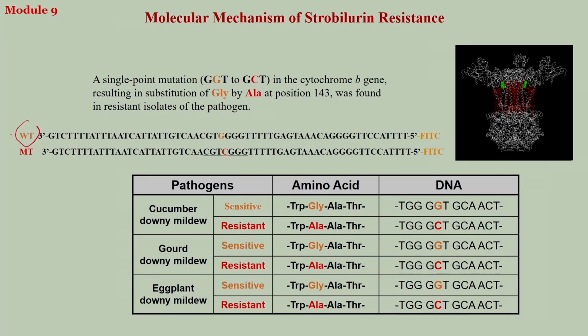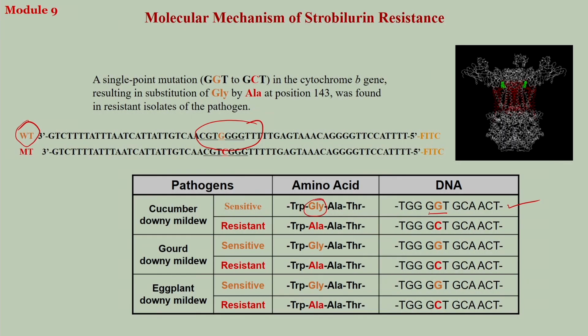So, this is the sequence of the wild type DNA that is present in the pathogen or in the fungi. This is the most important part of it. So, this is the parent DNA. So, GGT, and this actually codes for the amino acid glycine.